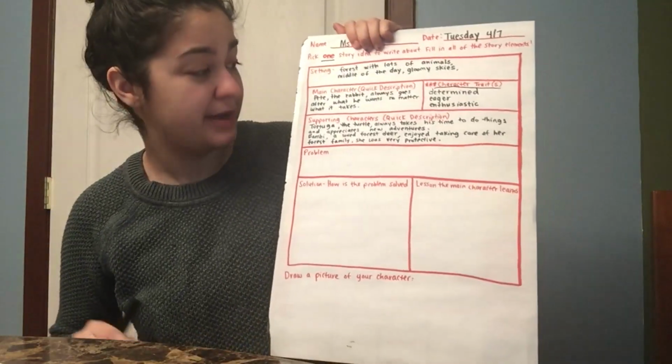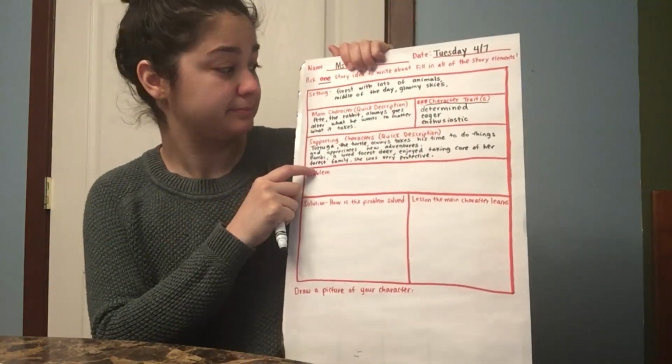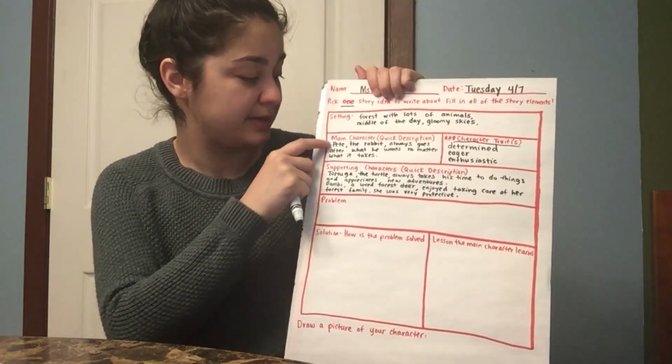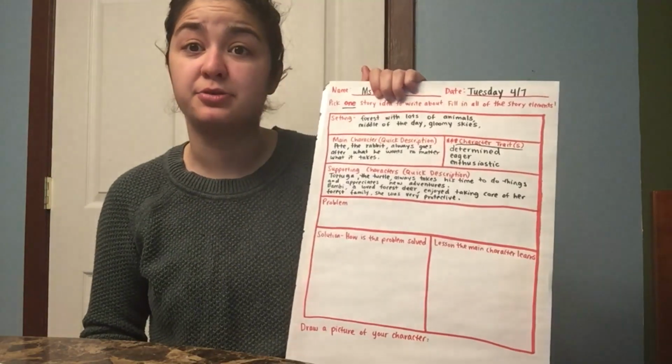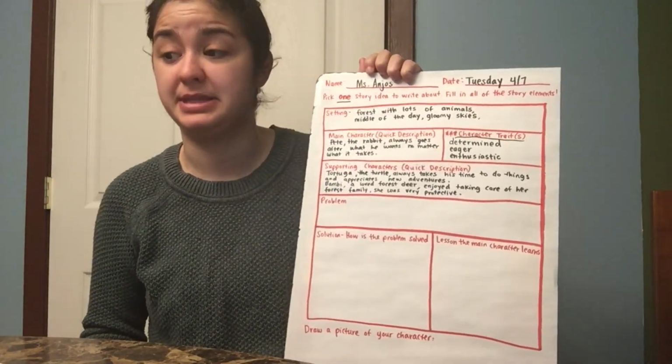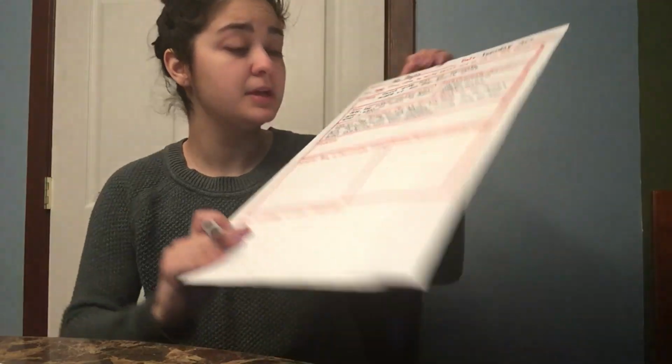Okay. Now here comes my problem. So I'm going back to my main character because that's who the problem is going to happen to, Pete the Rabbit. Pete the Rabbit sleeps in the forest every single night. And the problem is that one morning he wakes and he finds that he is stronger, faster, and smarter than when he went to sleep.